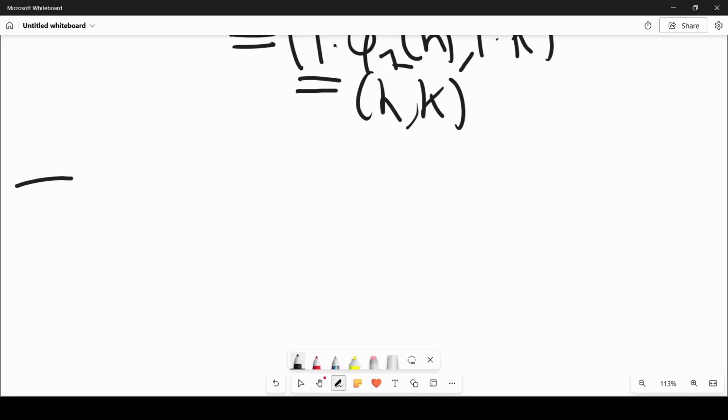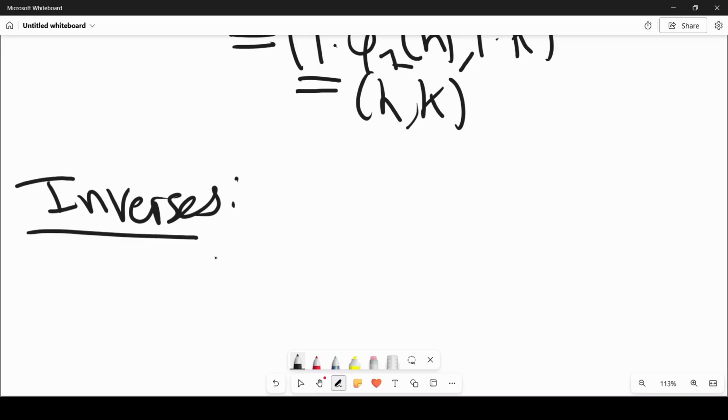Okay, inverses. So here, the inverse is not exactly what your first guess might be. You can probably reasonably guess that given the new multiplication, you should be a little tricky with what the inverse actually is. So I'm going to write it out and you should verify it yourself.